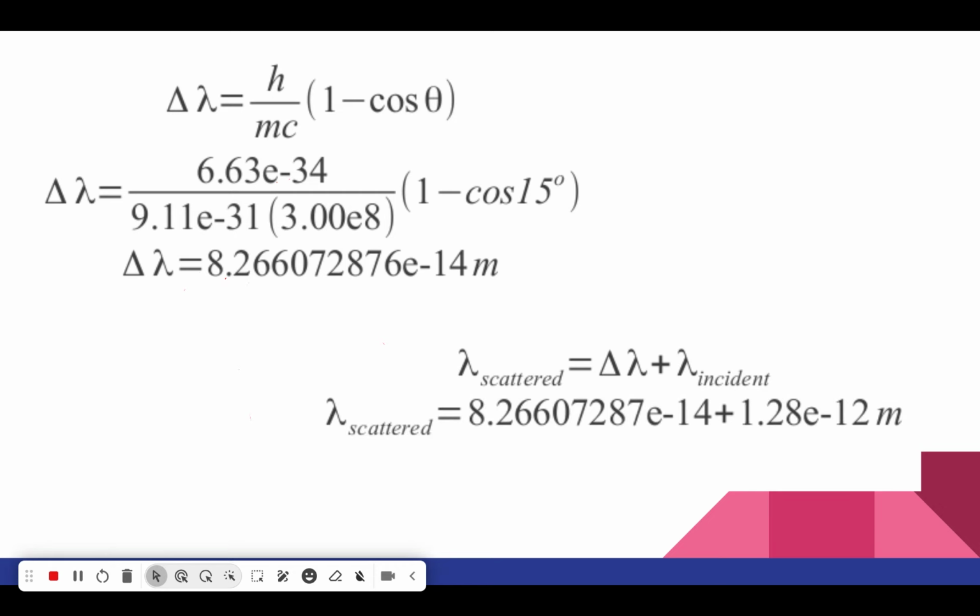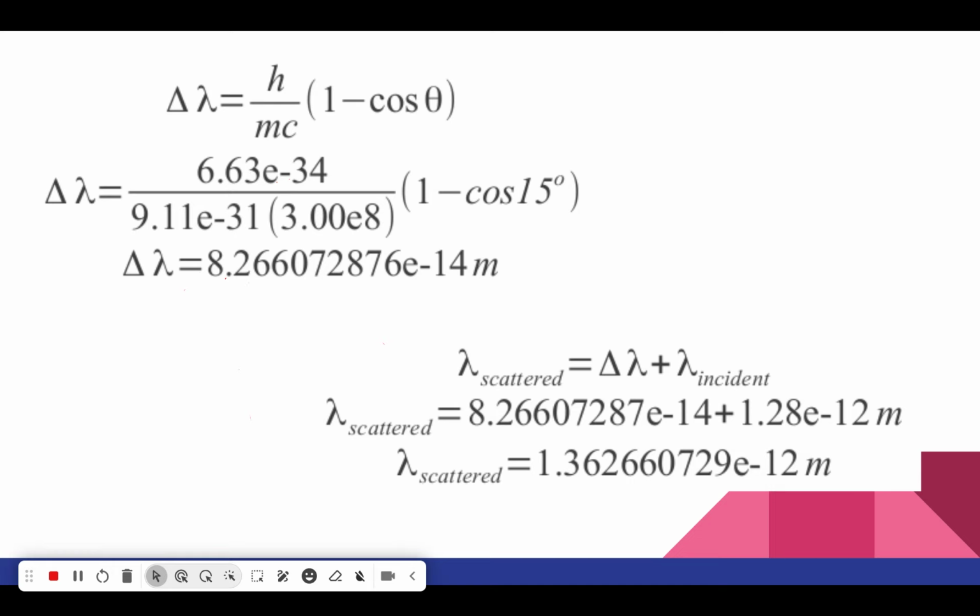So I'm taking the delta lambda we just measured and the incident wavelength of the X-ray that we were given in the question. I'm adding them together, and I get 1.362660729 times 10 to the negative 12. Now, certainly, if this was the only question you were being asked, like on an exam, you'd round off for sig digs.